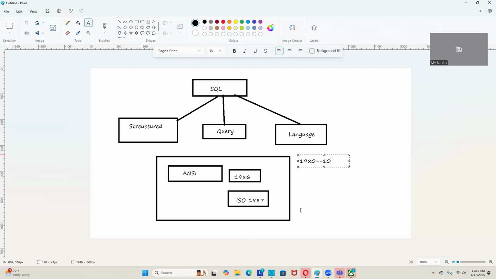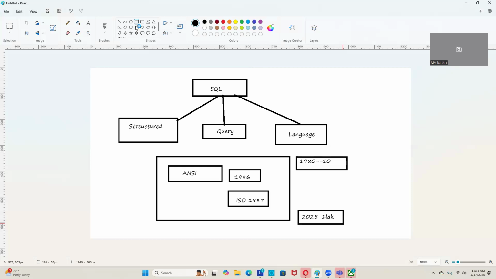But now, in 2025, my college has grown, and there are 1 lakh students all over the globe, on average. So from the year it started until the current year, my organization grew from 10 students to 1 lakh.